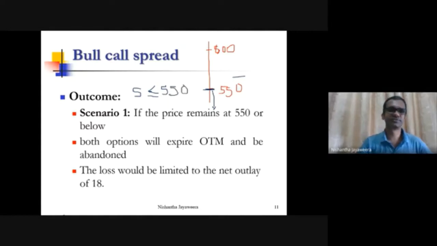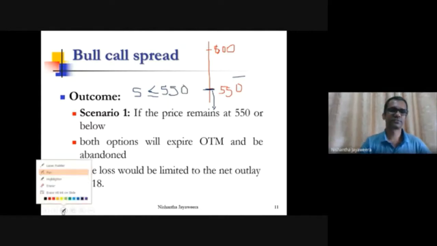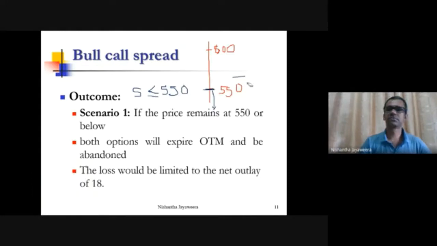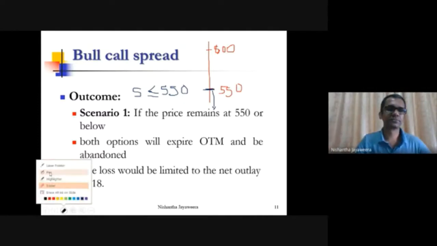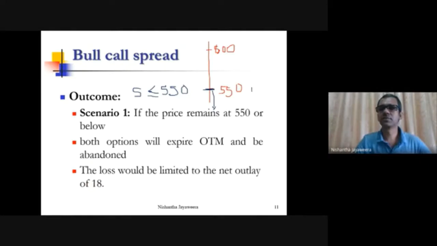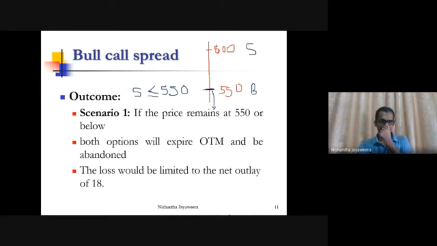What do you do? If the spot price remains 550 or less than that, what do you do? You have bought a call here. Buy a call here, sell a call here. What do you do?